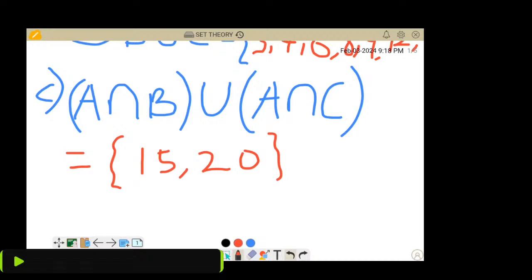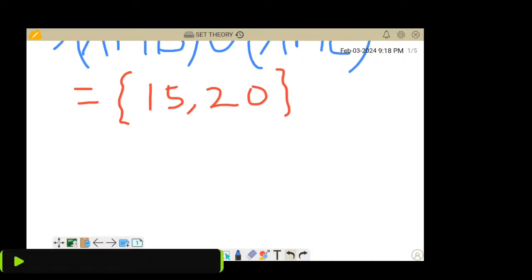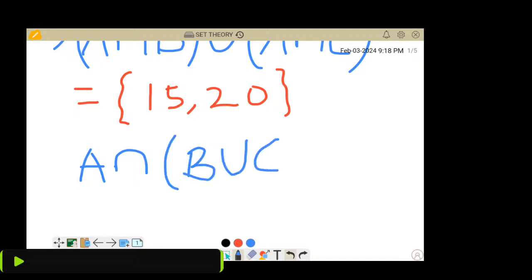Okay, let's check the other side of the equation, where we have A intersection B union C. So what would this one be?